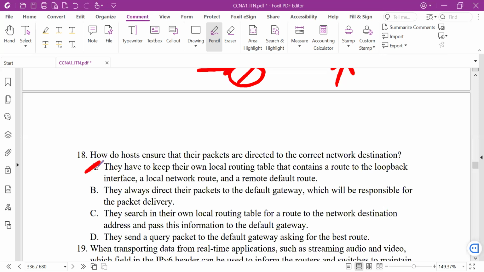They keep a local routing table which contains the loopback interface, which also has a local network route and a remote default route. I'm just struggling to understand why we have a loopback interface here.